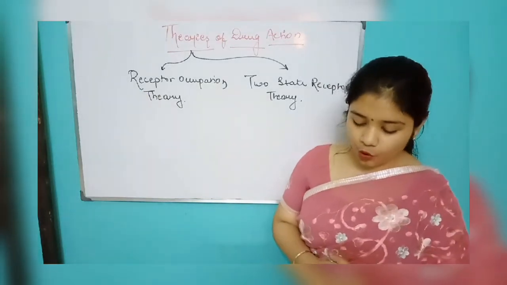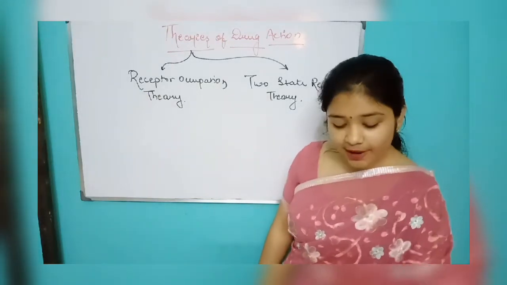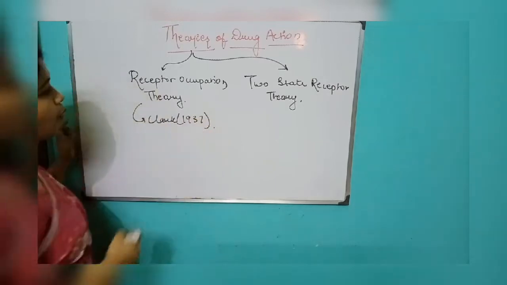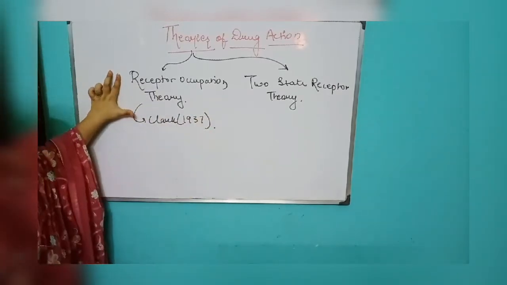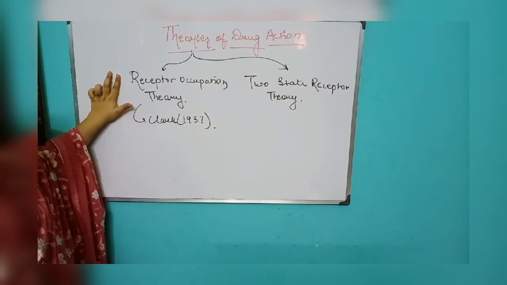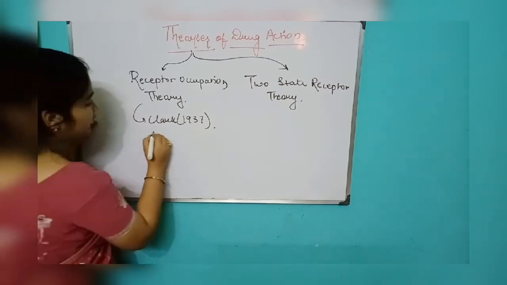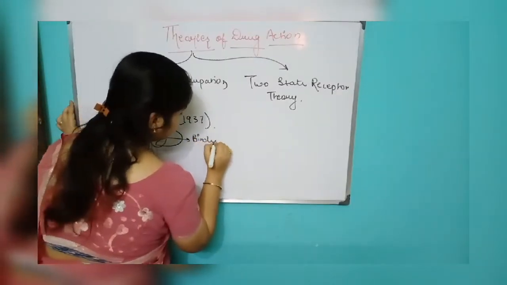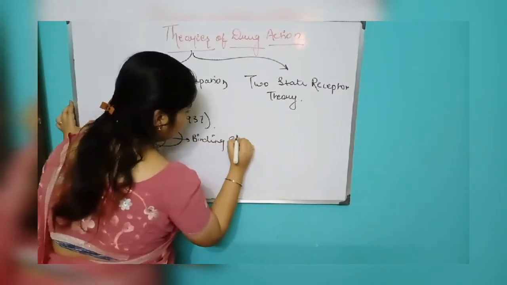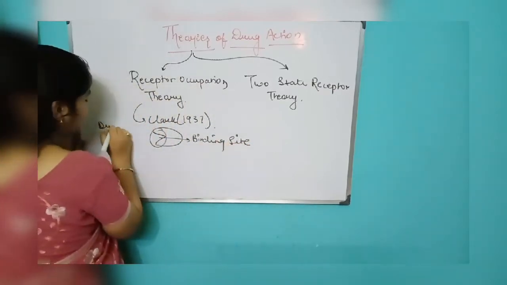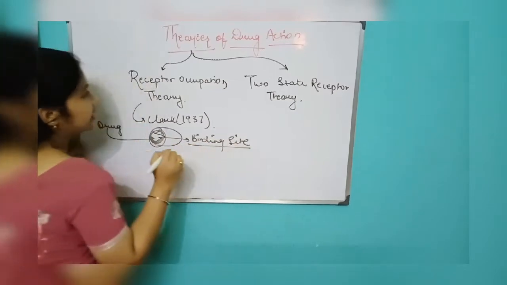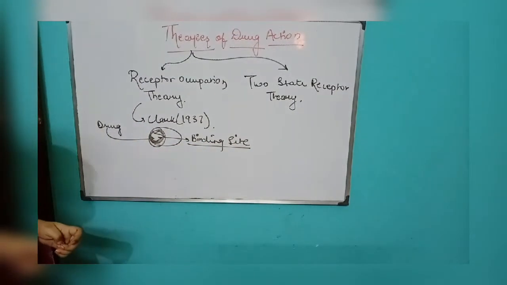Receptor occupation theory. What is receptor occupation theory? It was given by Clark in 1937. What it states is that it is based upon the binding of the drug to the receptor. For example, this is the binding site, and if your drug binds to this receptor, that is the receptor occupation theory.